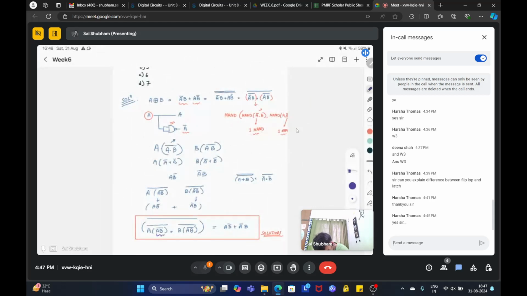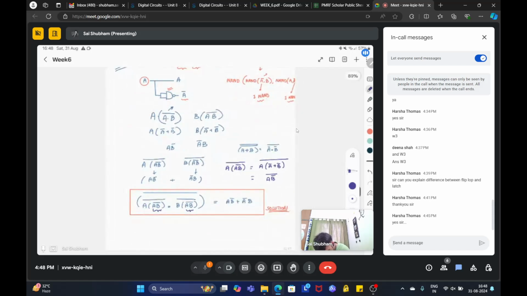First you can have AB bar. Then you can perform NAND operation of AB bar and A. This is A bar plus B bar whole NAND, which is A B bar whole bar.